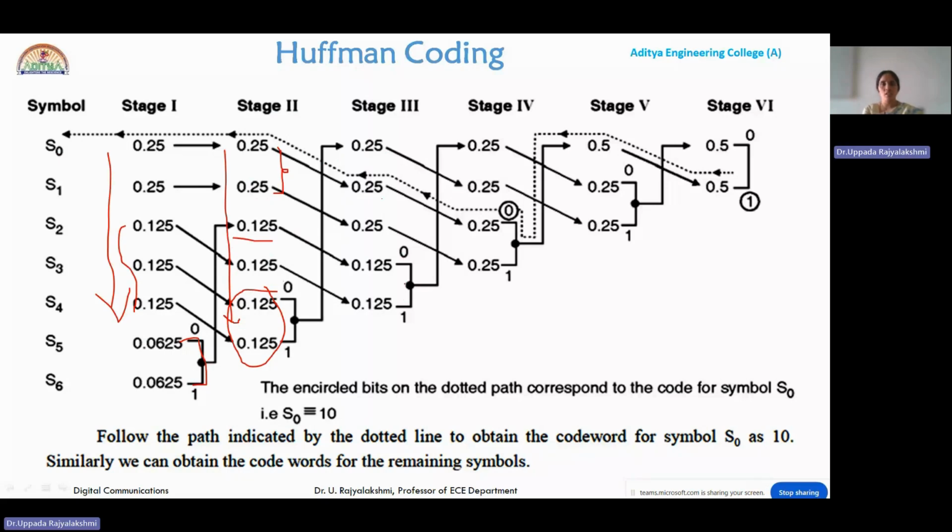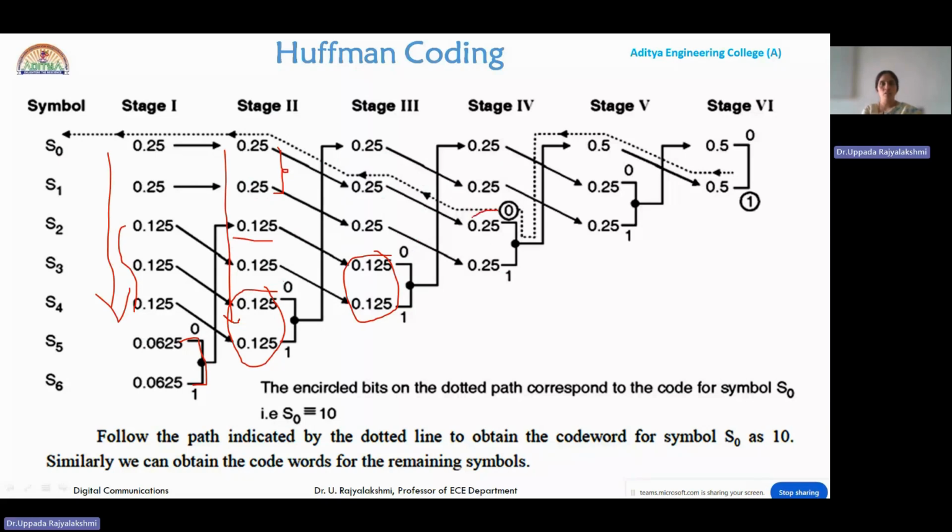And again, we will merge the least 2 probabilities and assign 0 to the last but 1 probability and 1 to the last probability. So like that, wherever after merging, we will assign 0 to the last but 1 probability and 1 to the last probability. And in stage 4, again, this will be given the highest priority, followed by the remaining 3 0.25s.